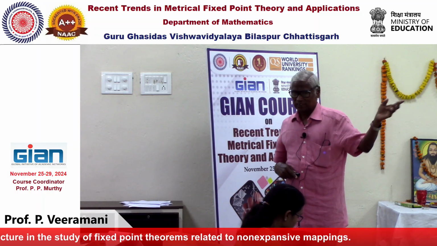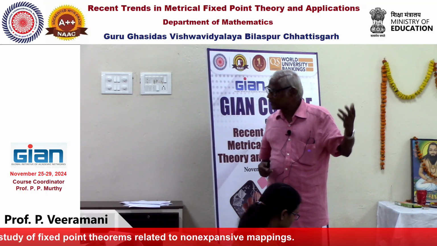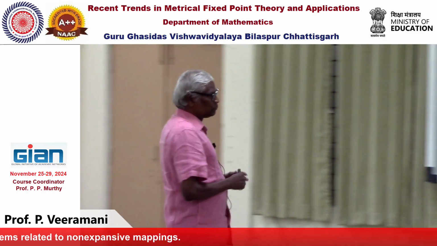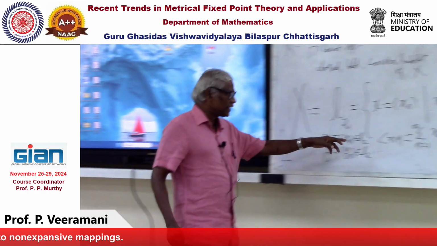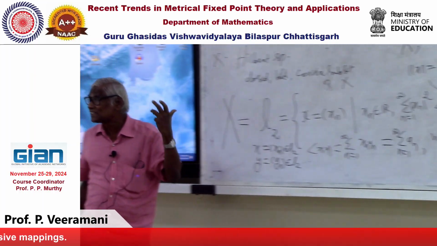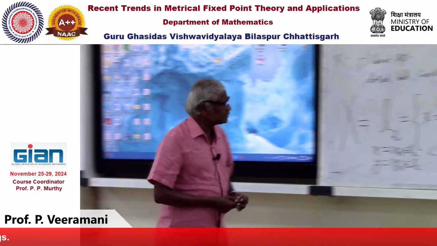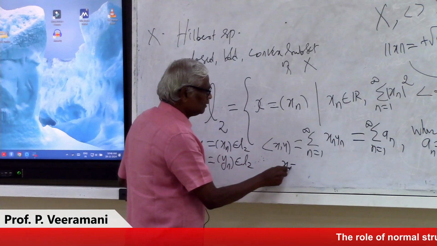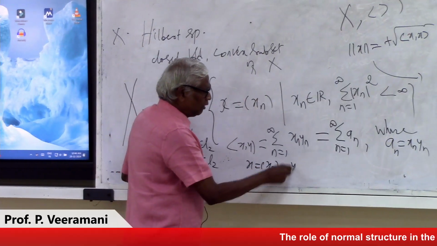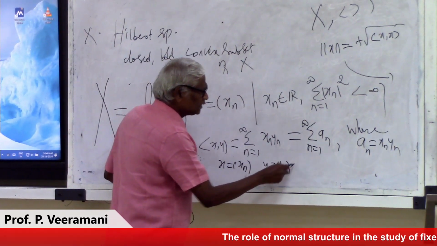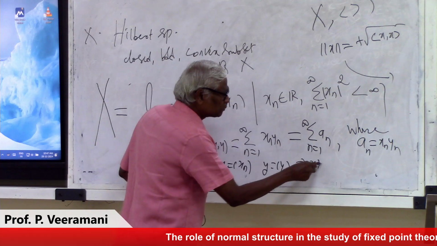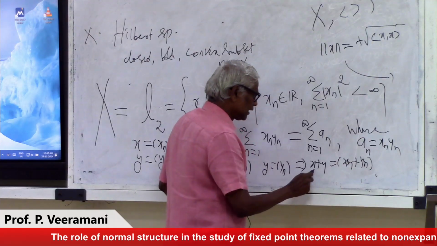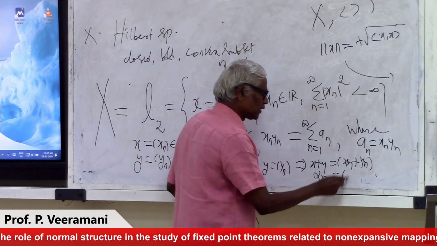L2 is only a set. Before defining the inner product, you have to verify that it is a vector space. Again we will not spend more time. X equals (xn), y equals (yn), then component wise, x plus y equals xn plus yn, and alpha times x is alpha xn.